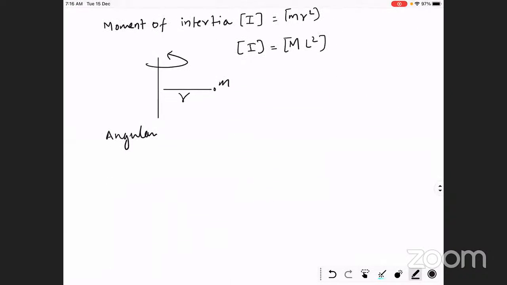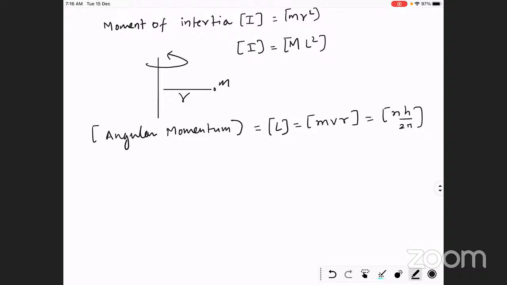And now if we talk about angular momentum, that is L. What is angular momentum, bacho? MVR, right?